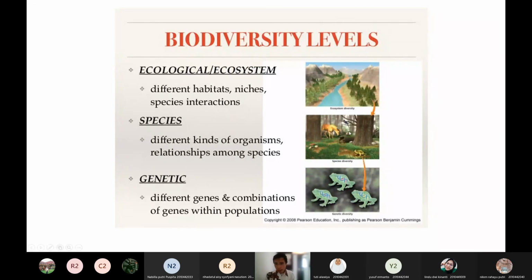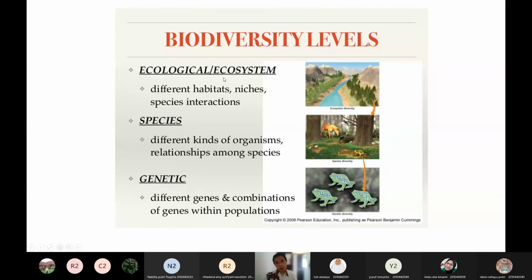And at the level of the species itself, there are many different species, like bird species or mammals as well, and also many kinds of insects. So it's a kind of species diversity.